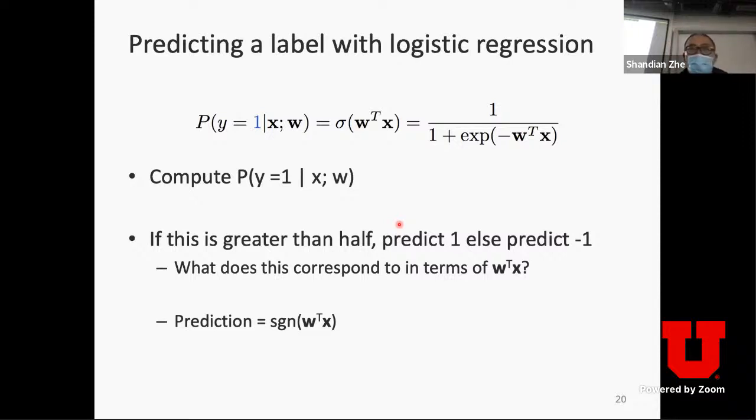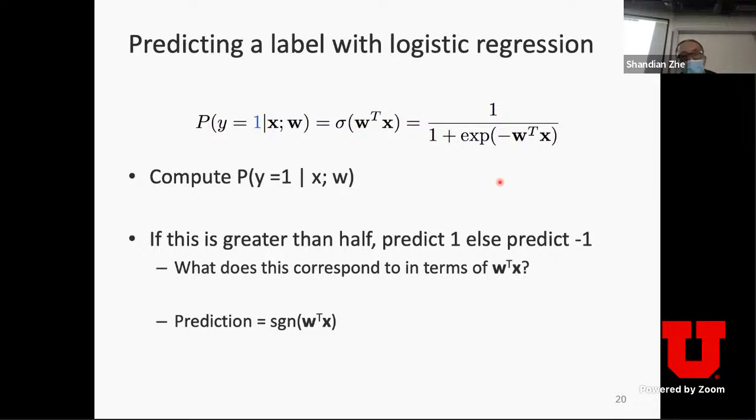Any other supplement? Change 0 to 50%. If the chance is bigger than 50%, predict 1. Before, if the number is bigger than 0, predict 1. Yes, exactly right. In essence, the rules we used for logistic regression seemingly look different from the previous rule, but they are in essence the same.